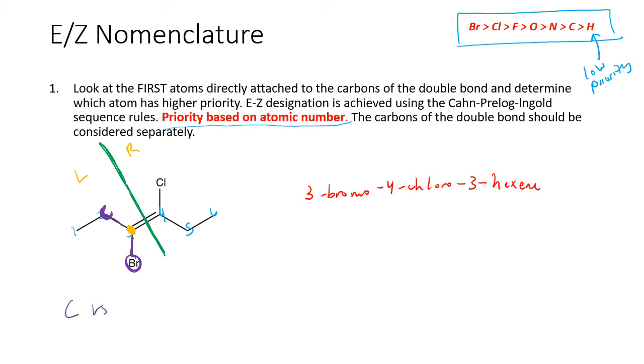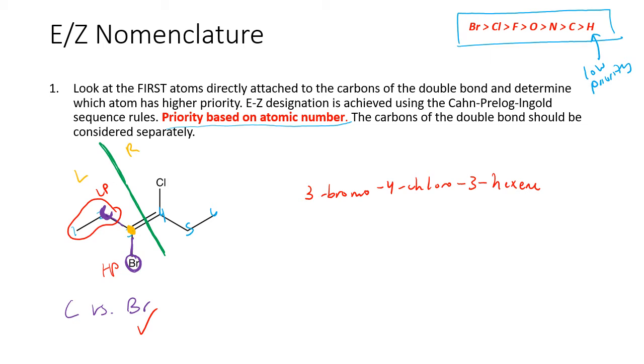Between carbon versus bromo, bromo has the higher atomic number. So that means that the bromo is going to be my high priority group. That would make this whole ethyl group my low priority group, which I don't really need to circle. I'm just comparing high priority groups.